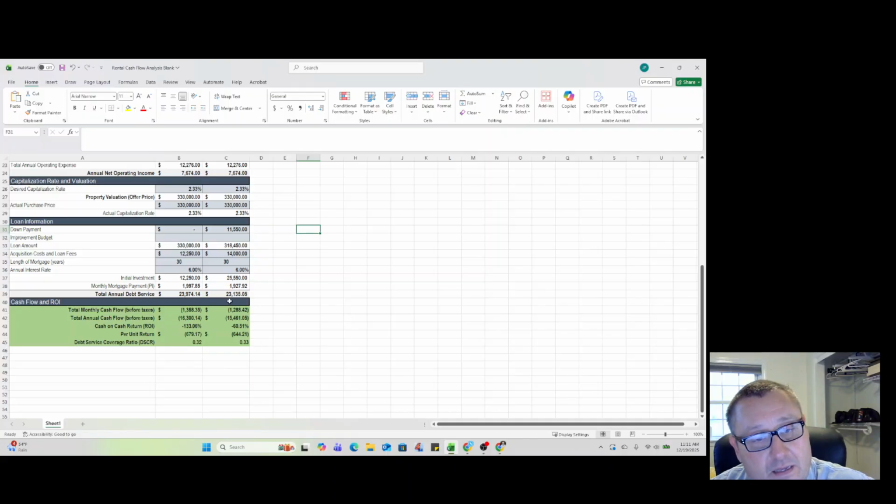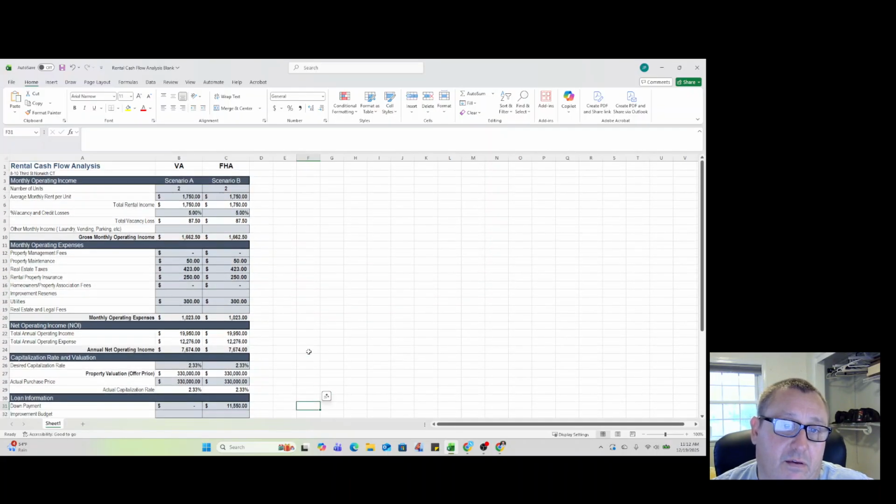Sometimes you have to look at it a little bit different. You know, if you're trying to build generational wealth year after year, maybe you're living in this house for a year and then you're turning it into a rental, whether you refi it or however you do it, and now you're using your VA or FHA somewhere else. You're building a portfolio and building generational wealth. I think that's really what this exercise kind of goes through.